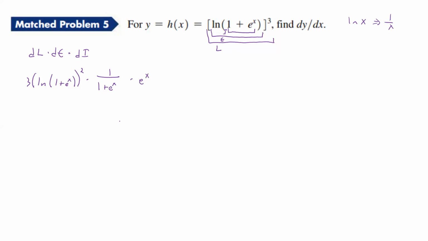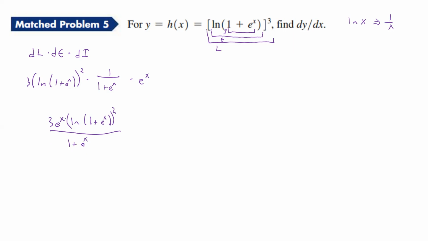Okay, so now what do I have? Well, I've got 3 e to the x, and I also have ln of 1 plus e to the x, squared. Maybe I better put that whole thing in parentheses so we know for sure what's squared, and then over our 1 plus e to the x.